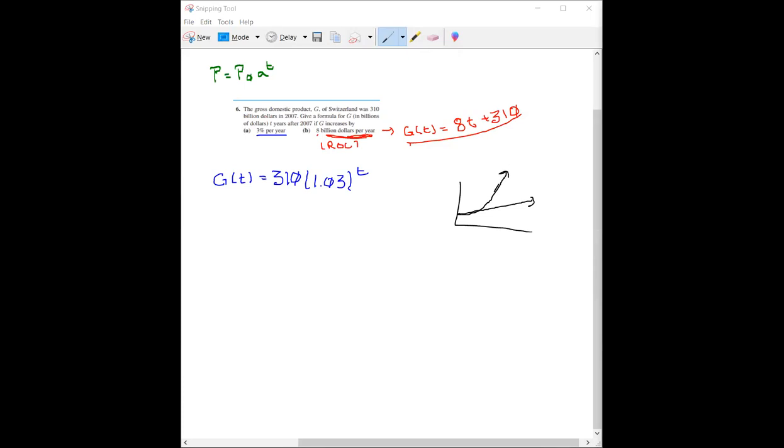Let's do a couple more. If I can find my page again. This is another good one, I think, just for comparing and contrasting.